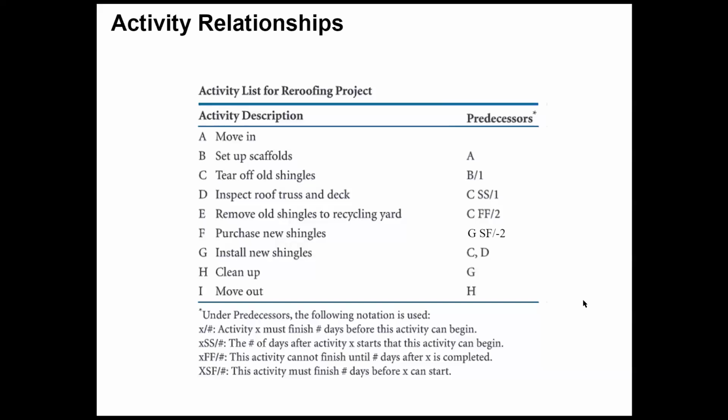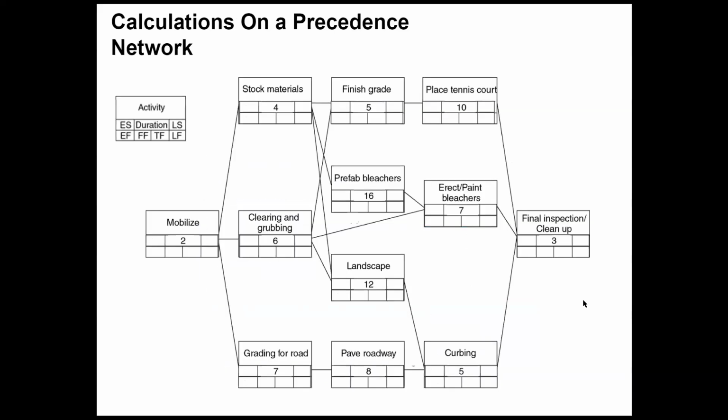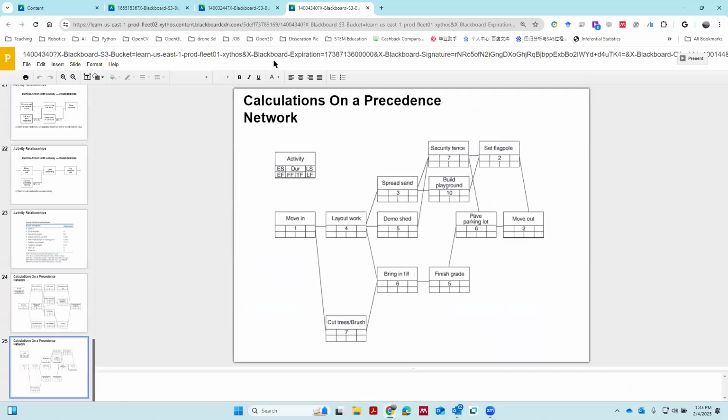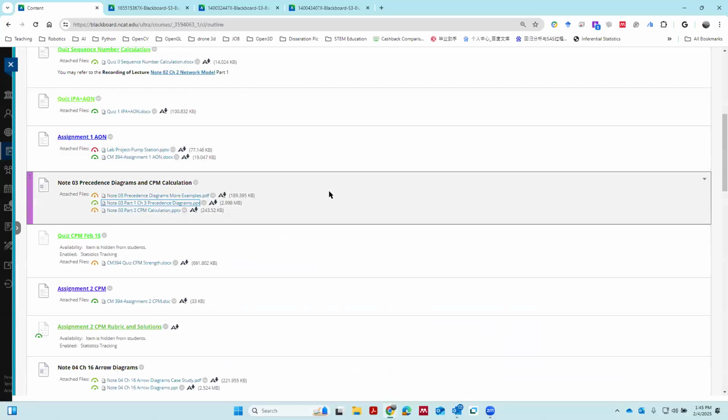We're not going to do this one because it will be confusing. We were doing this one, but after we introduce what is CPM, we will go back to see those calculations. So that is lecture note 3, part 1, presenting diagrams. Part 2 is called the CPM calculations.